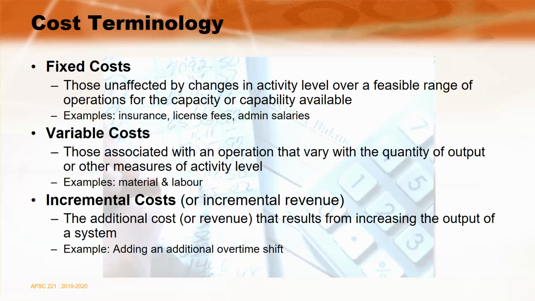Fixed costs, those are the kinds of things that have no real relationship to the output, the activity, in the sense that as the activity level changes, the fixed costs will remain the same. So, for example, let's suppose we have a manufacturing facility.